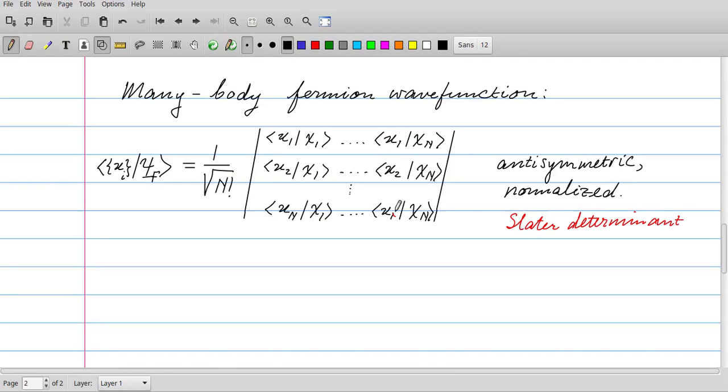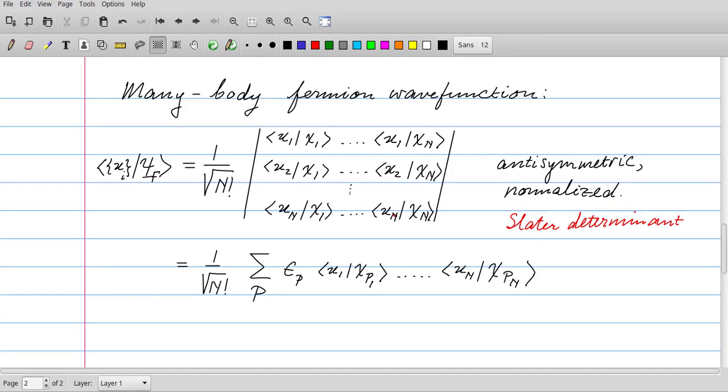So it should be correct. And so we work this out just as a determinant, and because a determinant is antisymmetric whenever we change two columns, that guarantees that this wave function is antisymmetric under particle exchange.